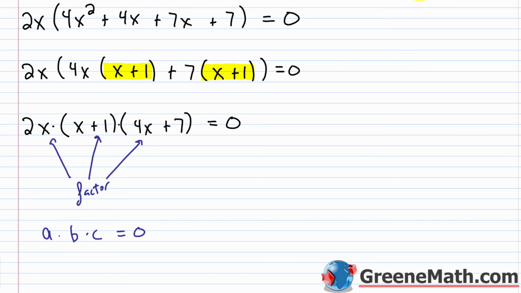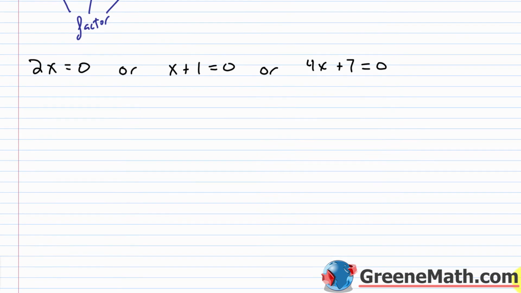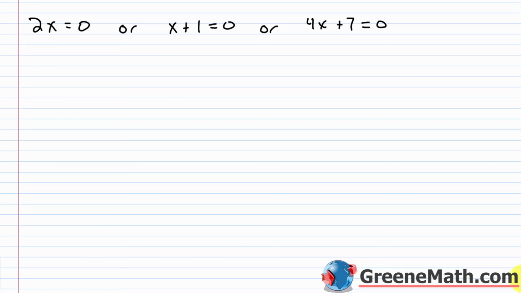But the point is here that each one of these has to be set equal to 0 because it's a possible solution for us. So we would say 2x is equal to 0, or x plus 1 is equal to 0, or 4x plus 7 is equal to 0. So let's solve these three equations. All right, 2x equals 0 is very simple.